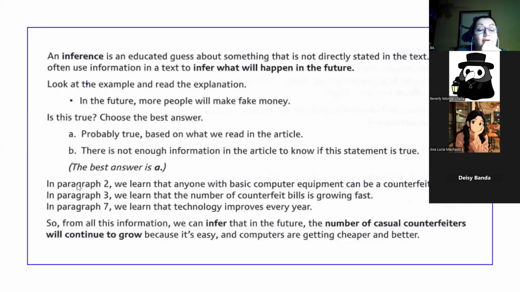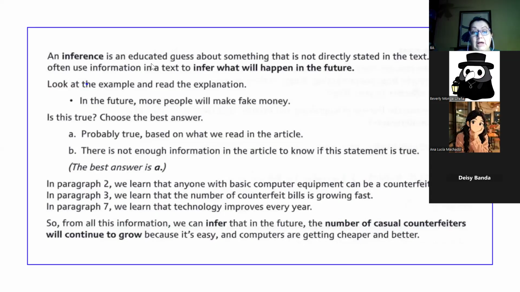Now, in paragraph 2, we learn that anyone with basic computer equipment can be a counterfeiter. In paragraph 3, we learn that the number of counterfeit bills is growing fast. And in paragraph 7, we learn that technology improves every year. So, from all of this information, we can infer that in the future, the number of casual counterfeiters will continue to grow because it's easy and computers are getting cheaper and better.